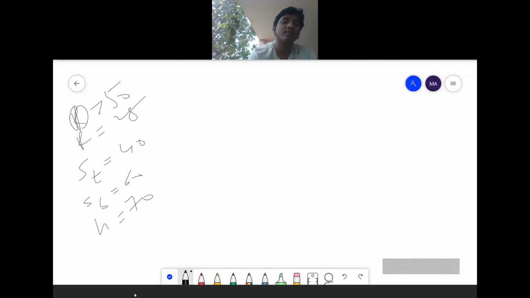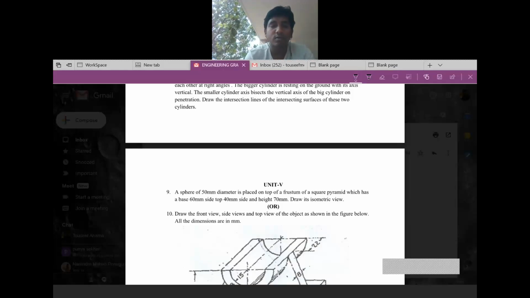What is the radius? 25. The radius of the sphere is 25. Understand? So I will draw this diagram here. How will you draw? It's a very simple diagram.